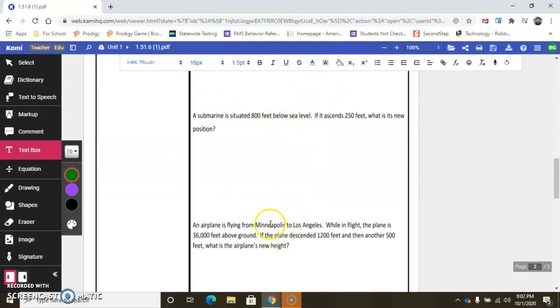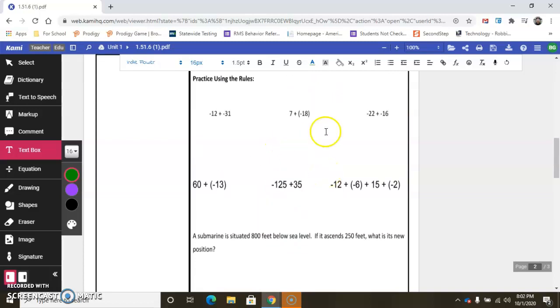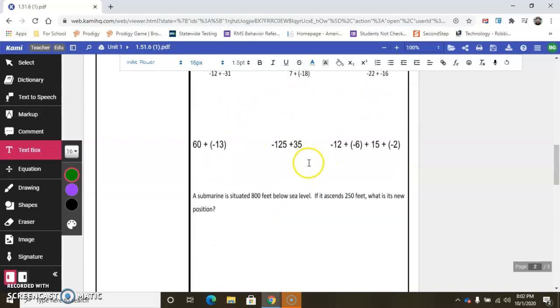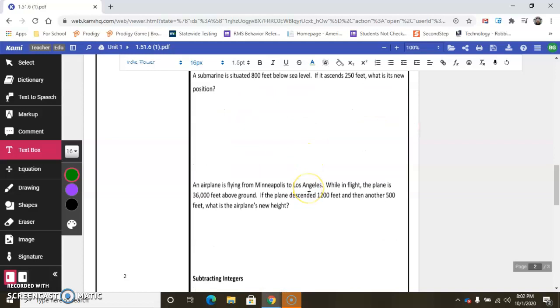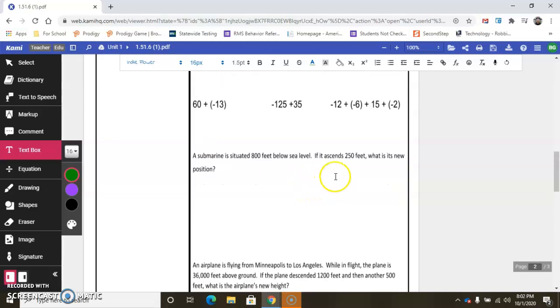When you are done with those, there's 6 problems up here and 2 problems down here. When you're done with those 8 problems, you are done for now. Go ahead and click the save button, the turn in button up here on the right, and wait until we come back as a class in a few minutes.